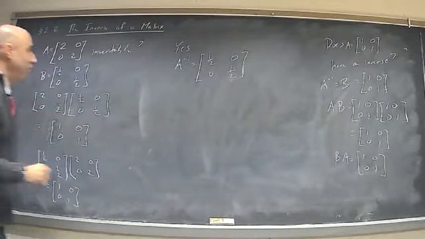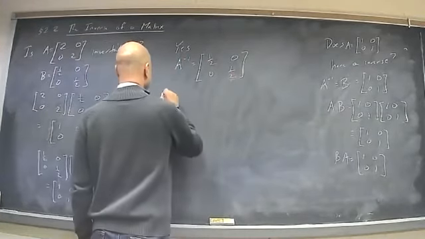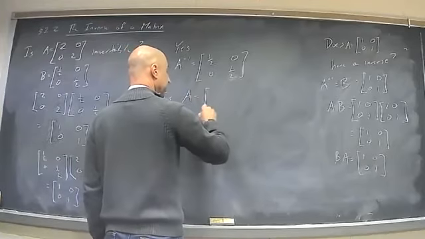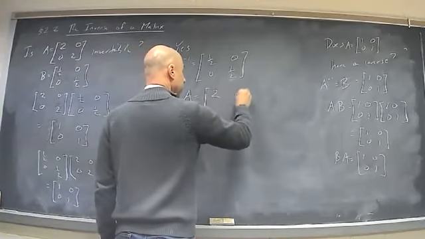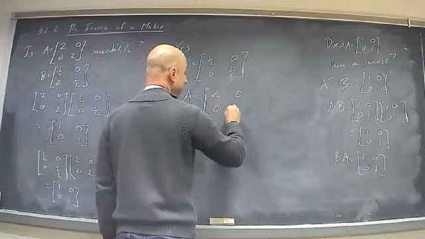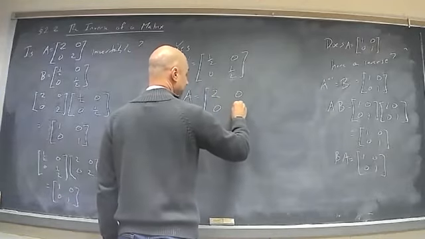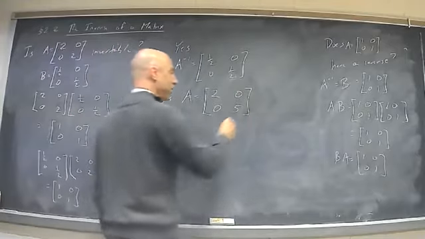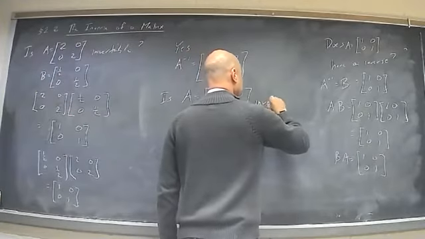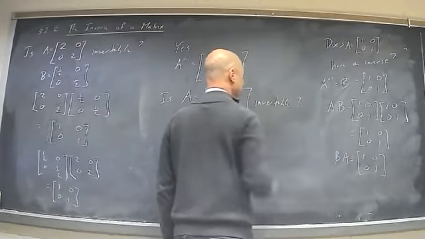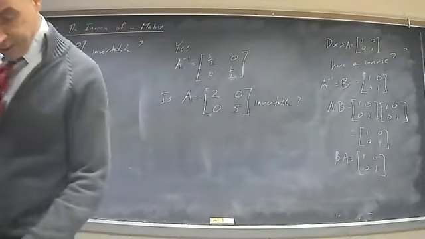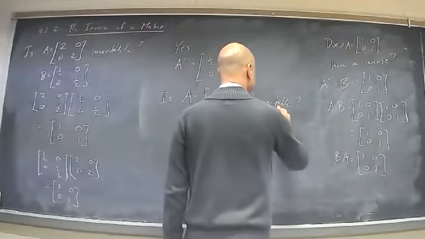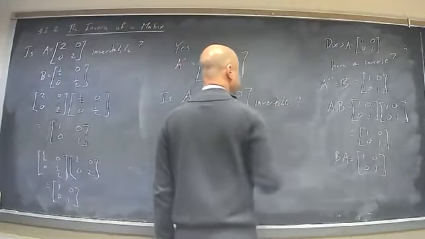What about the matrix 2, 0, 0, 5? Is this invertible?